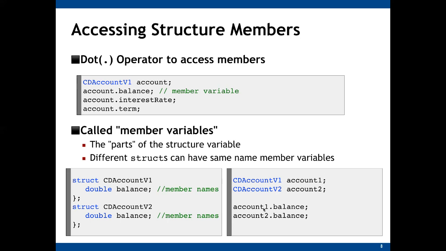The first one is accessing the balance member in account1, and this one is accessing balance in account2. We can differentiate these two even though they have the same name because the variable name is different. So this is the reason why we can have the same member names if they are in different structures.